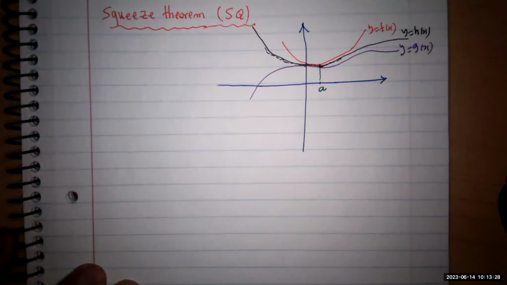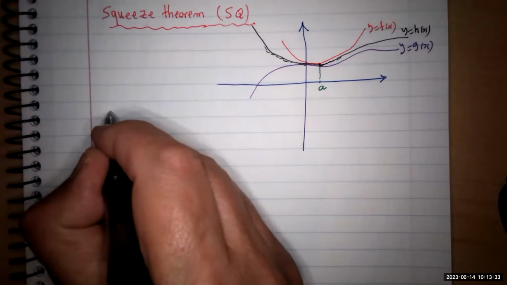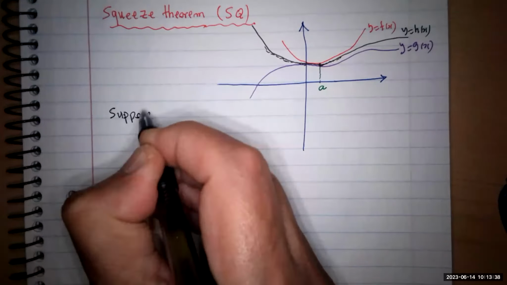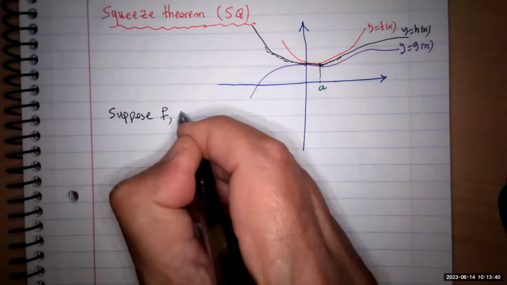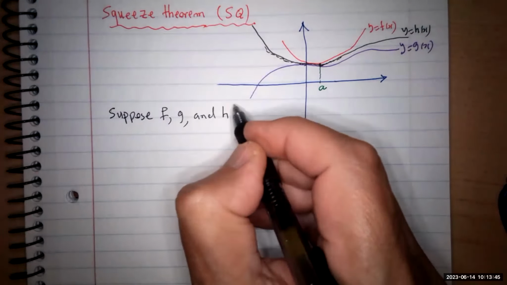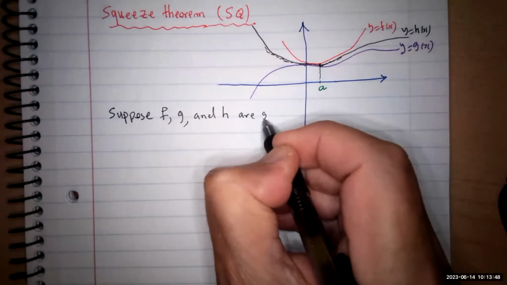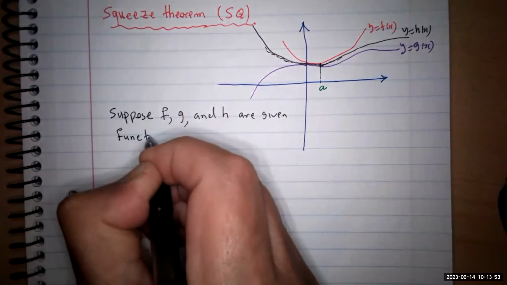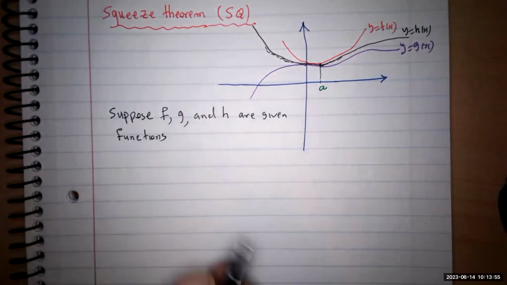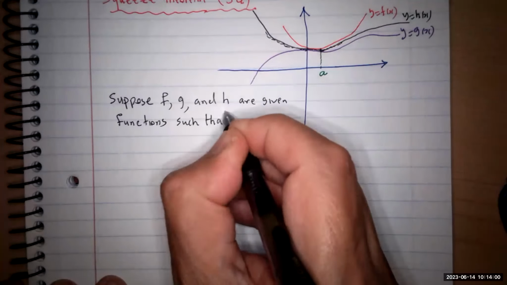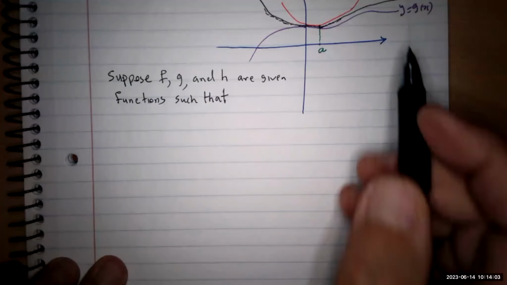So we have three functions. Let me write down the theorem. Suppose f, g, and h are given functions with these conditions, such that h is squeezed between f and g.